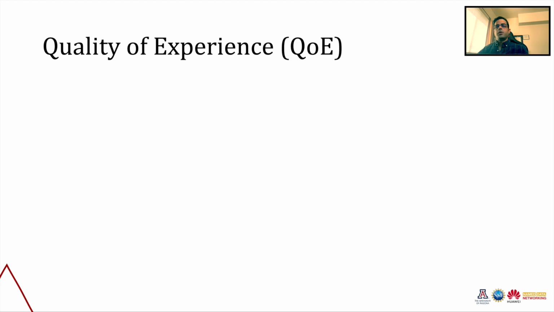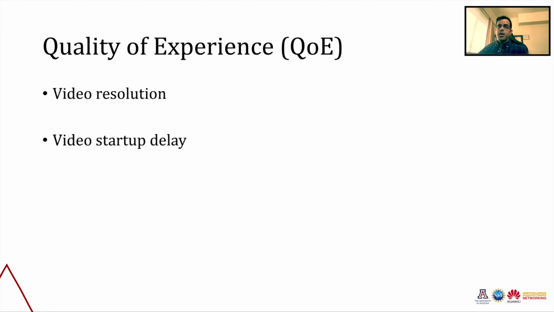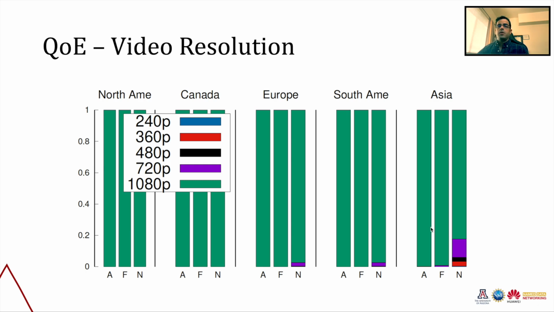To compare the quality of experience, we compare these networks in terms of video resolution and startup delay. This figure shows the video resolution that the users experience in different locations from different networks. The x-axis shows the network type, where A stands for Akamai, F stands for Fastly, and N stands for NDN testbed. As we can see, Akamai and Fastly offer 1080p resolution, which is the full HD resolution, no matter where the end users are.